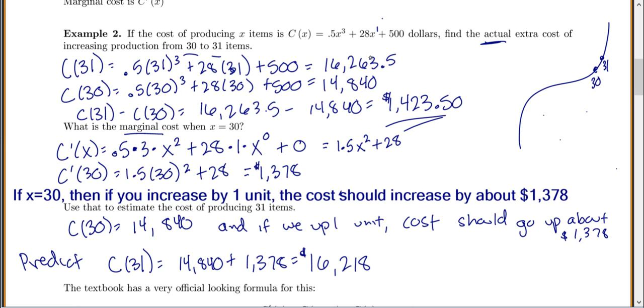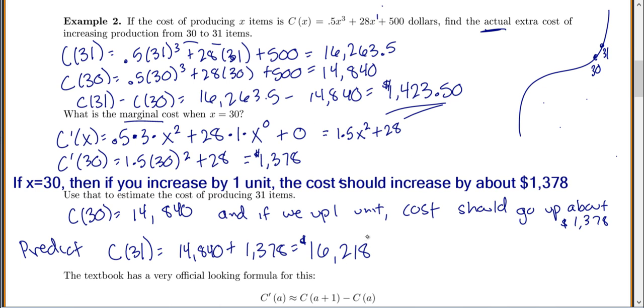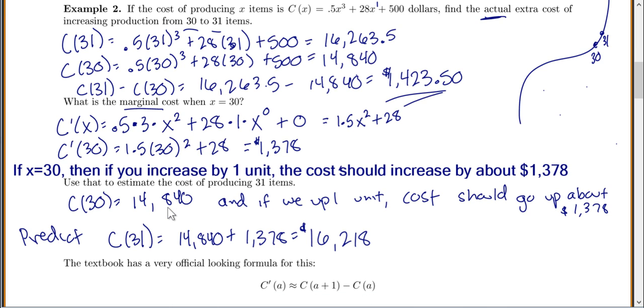Our true value was 16,263. So they are still very close. We're only off by about $40 or so, less than $100. And again, it's not exact because you're on a curve and not straight lines. Now our textbook has very official formulas for this. They're saying that the derivative at A is approximately equal to the difference in cost between A and A plus 1.